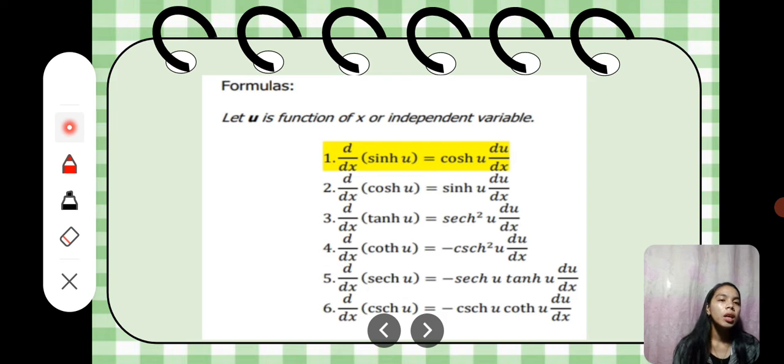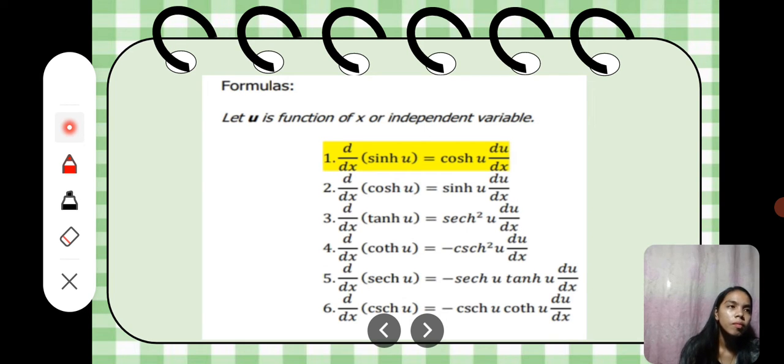And the last formula for the differentiation of hyperbolic functions is the derivative of hyperbolic cosecant u with respect to x, which is equal to negative hyperbolic cosecant u hyperbolic cotangent u du over dx.